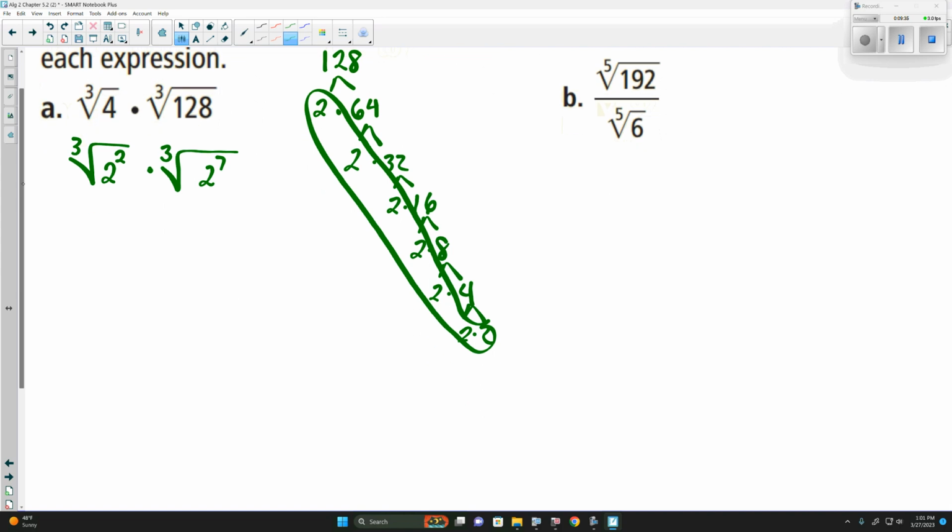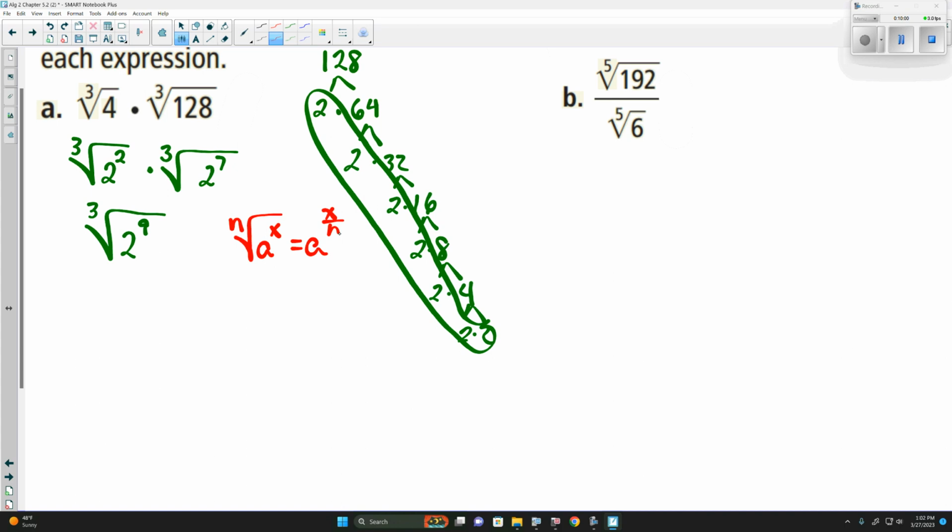And if we multiply these together, we get the cubed root of 2 to the 9th. And what would the cubed root of 2 to the 9th be? So this is going back to the other day: the nth root of a to the x is equal to a to the x over n.